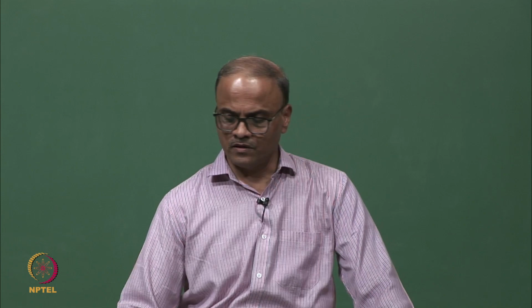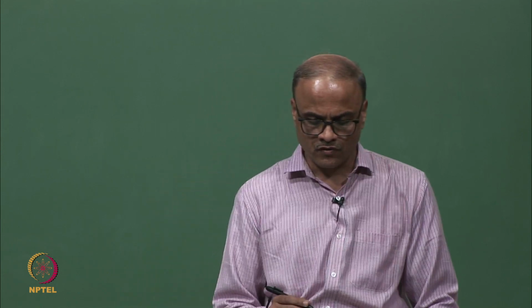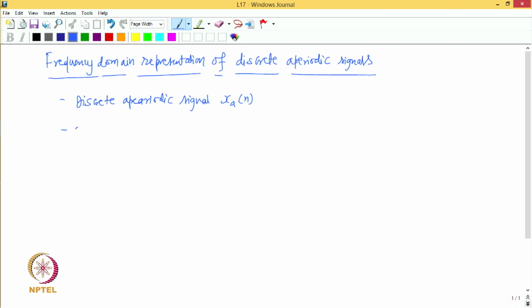So what we do here is, first of all we define a corresponding discrete periodic signal, which we represent by x n, and this is obtained by periodically repeating the copies of signal x a n.